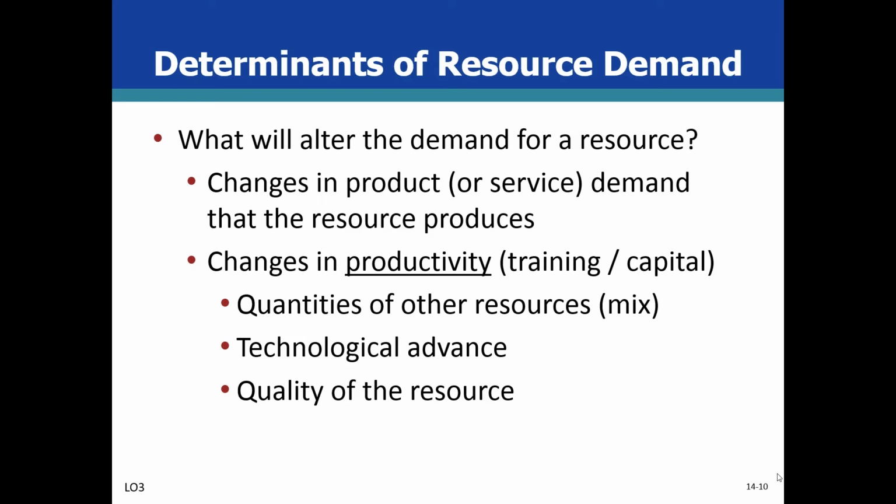Second, on the input side, changes in productivity of the resource. The ability to make more with the same level of resources. The greater the amount of capital and land resources used with labor, the greater will be labor's marginal productivity and thus the demand for labor.